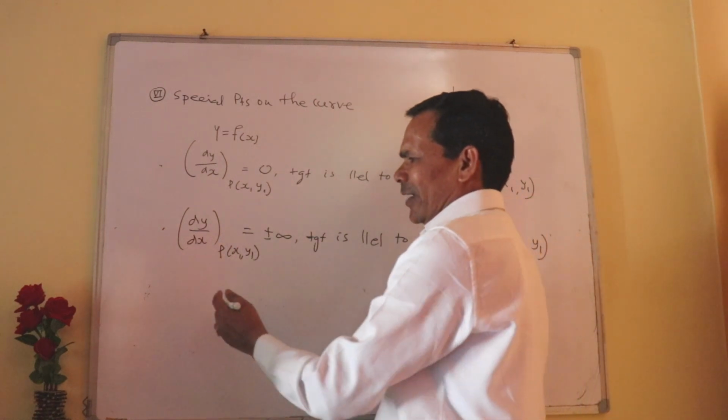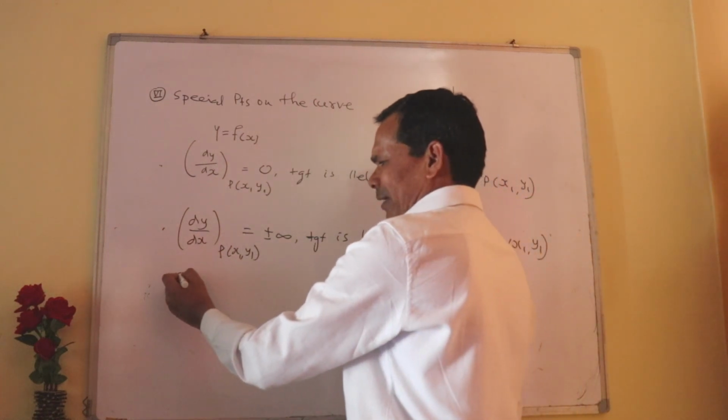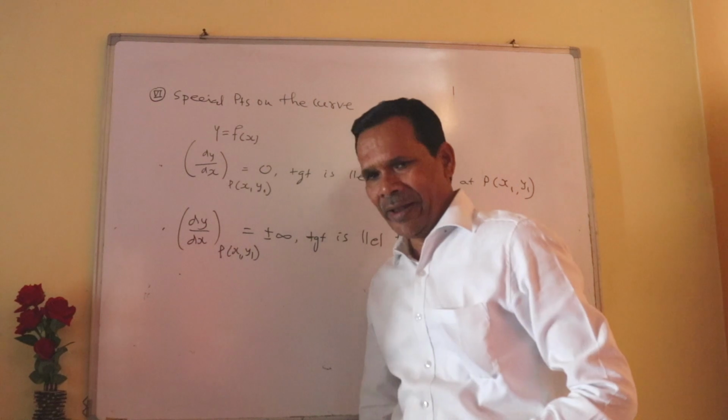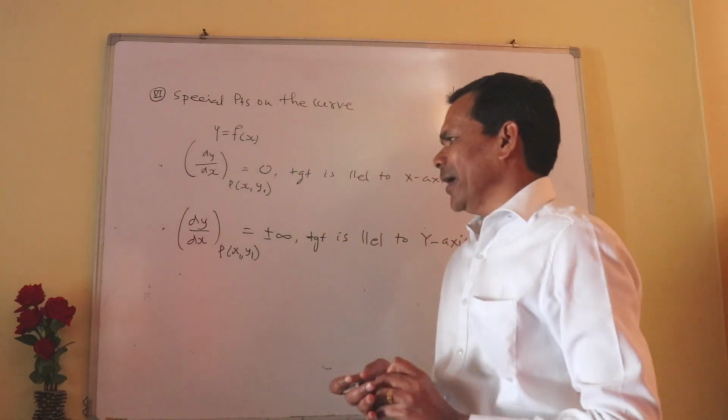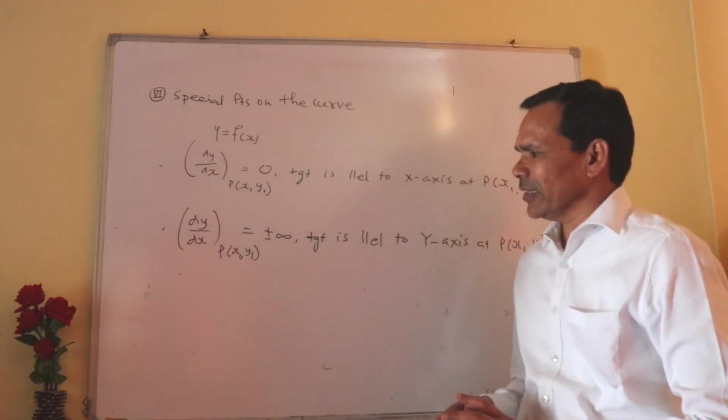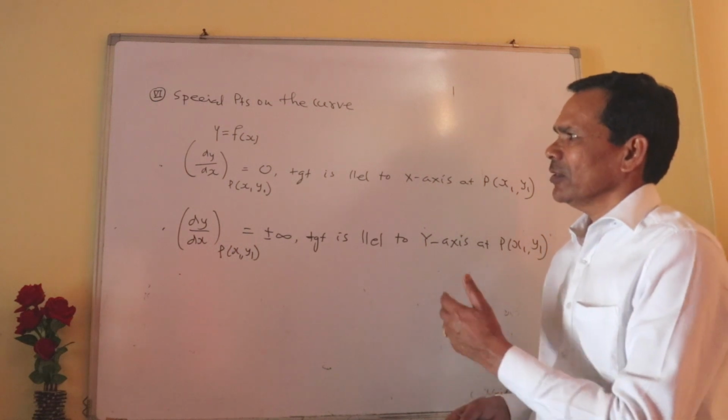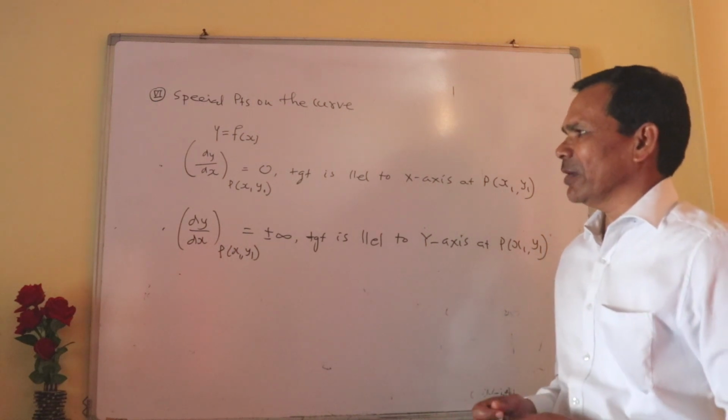Similarly, if you have an explicit curve, then get some values of x and y in a table and sketch those points in the xy plane to get the approximate shape of the curve.